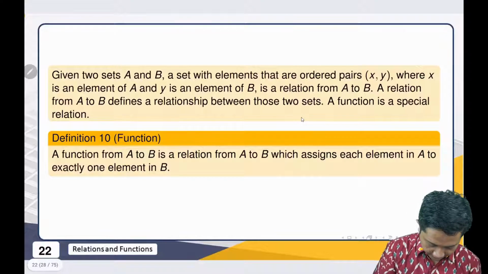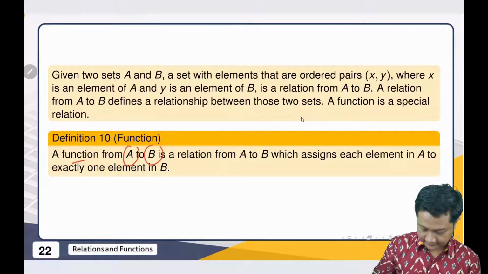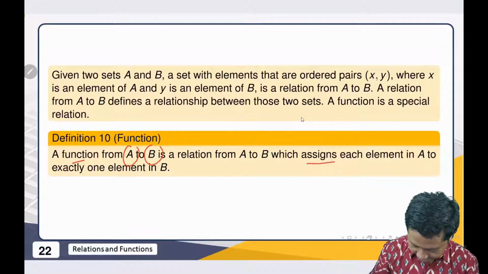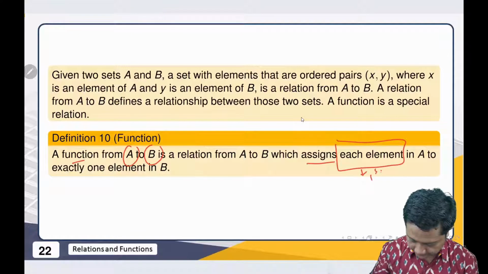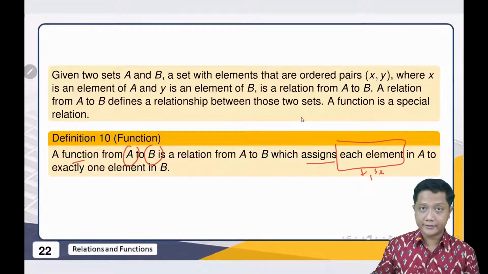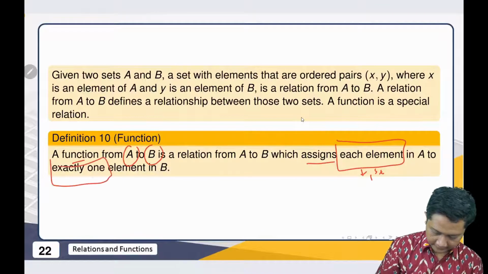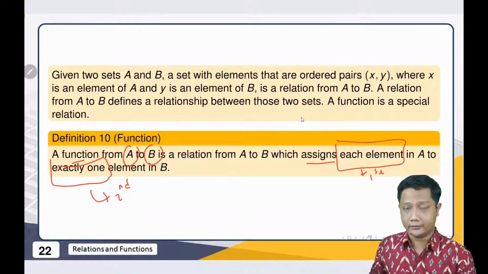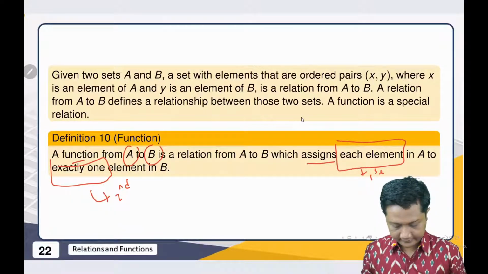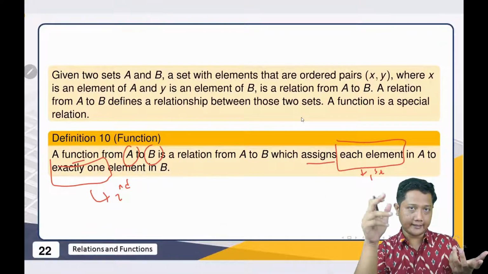If we have a function from A to B, then it should assign each element, this is the first requirement, to exactly one element in B, this is the second requirement. So there are two requirements which differentiate between a function and a relation.